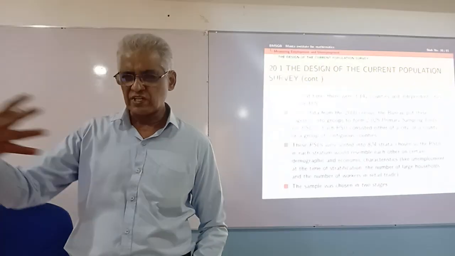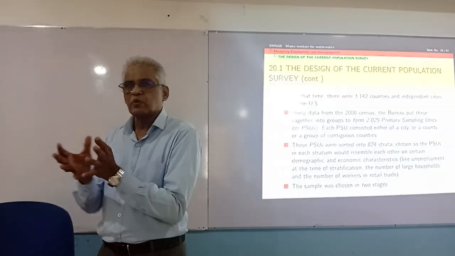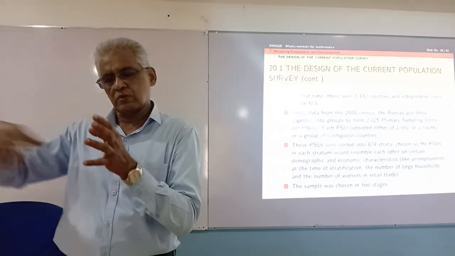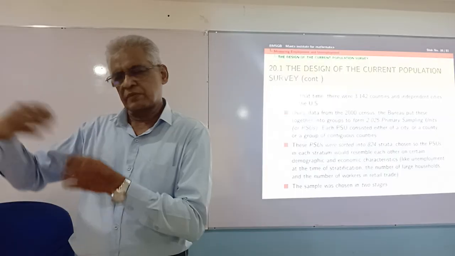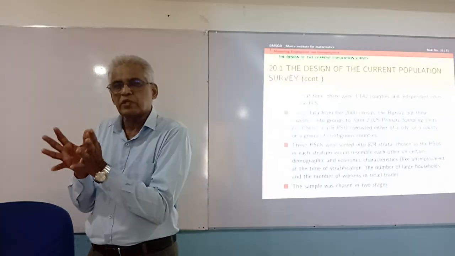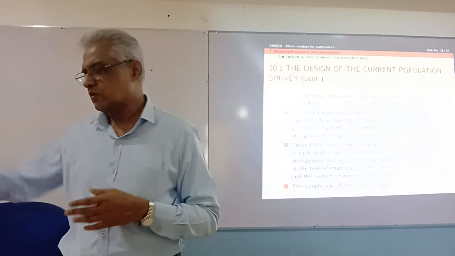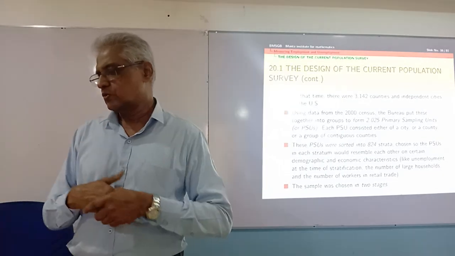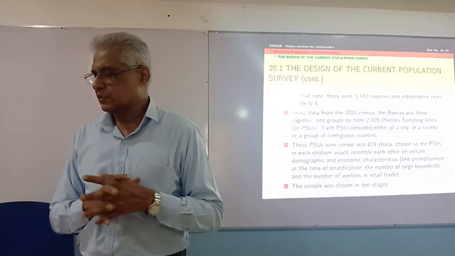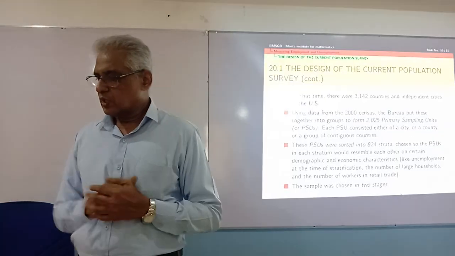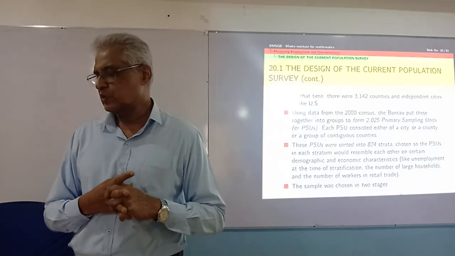So they reduced the number a little by combining, for example, some small counties together. Maybe sometimes one county is considered as one PSU also. Since 3,142 was reduced to 2025, obviously only a few have been collected together.